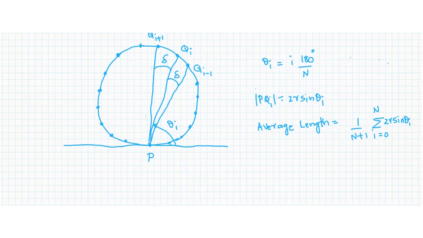I'm writing it down here for reference. As n increases, these two values, the average length and expectation, should be very close to each other. So we get the following equation for pi if you assume that these two quantities can be set equal to each other.